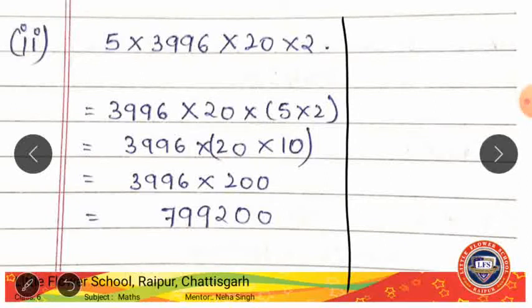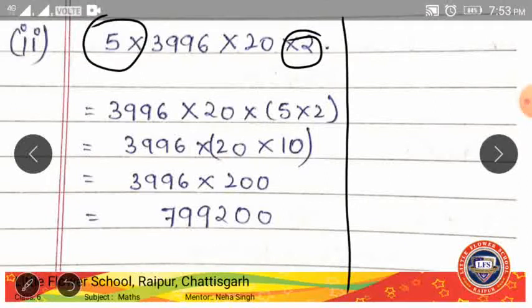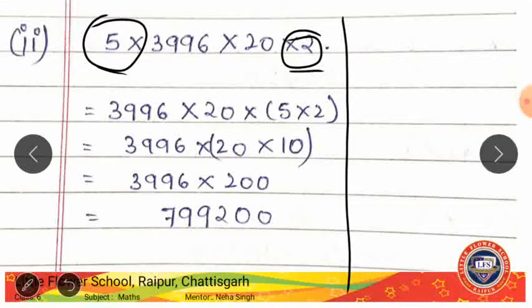See, first I have made this number and this number a pair. Why? Because when I multiply 5 into 10 and 5 into 2, I am getting a 10, which is a multiple of 10. So first we'll understand the method given here, then I'll explain the second method. Now 3996 into 20 into 5 into 2.